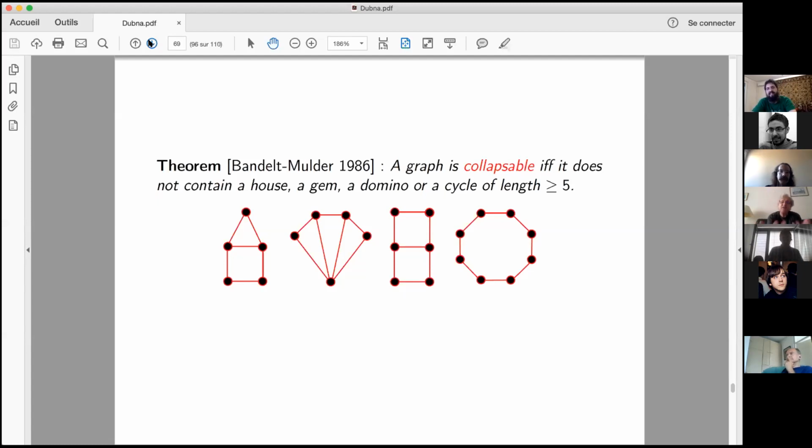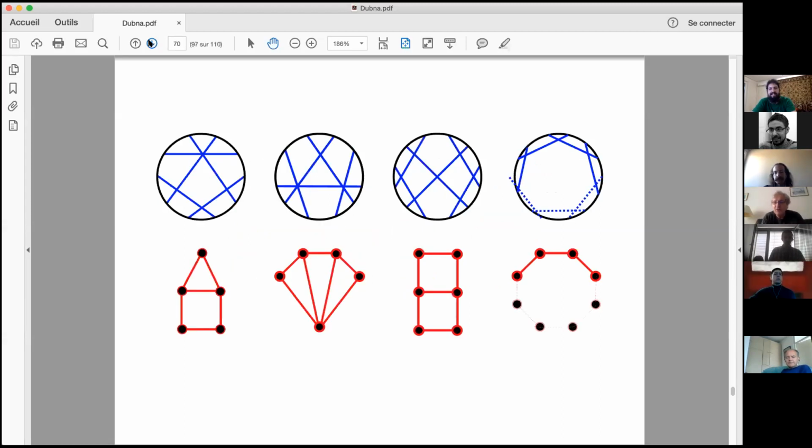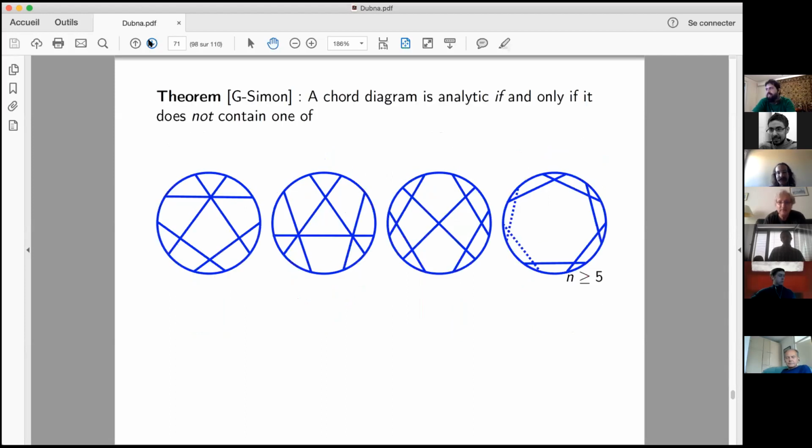And if you translate that directly from the graph to the chord diagram, according to Christopher's suggestion, you get the answer to my original question. You get the following, because you have here examples of chord diagrams, and on the bottom you have the forbidden collapsible graphs, and you get the following theorem, which is finally what I'm happy with.